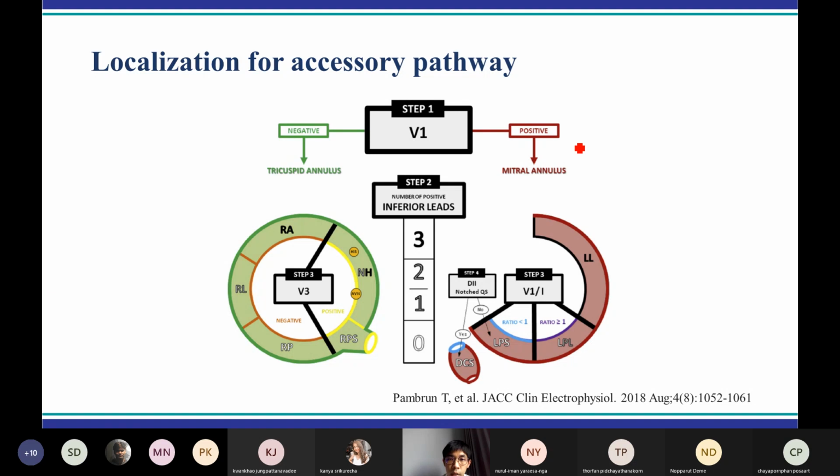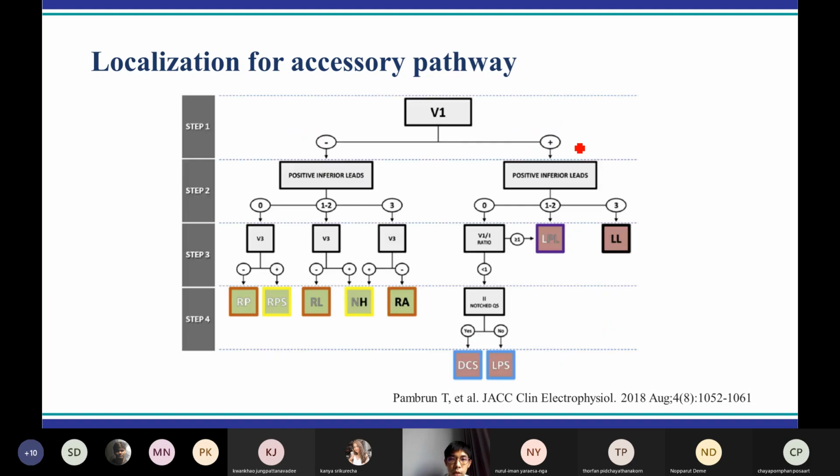This one is another method of localizing the accessory pathway. I will not go into detail on this, but I just want you to know that there are a lot of proposed theories for identifying the accessory pathway. Here is another theory.